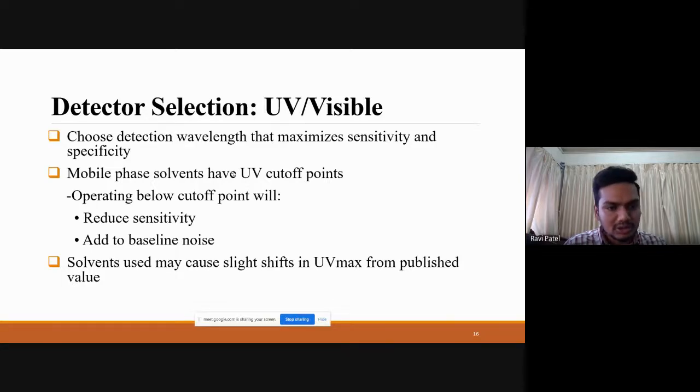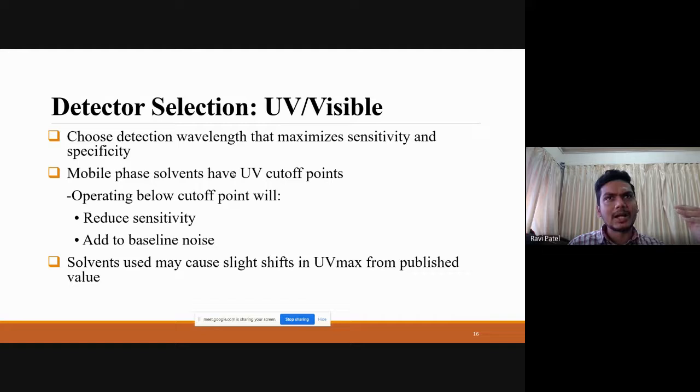Otherwise it reduces the sensitivity and adds to the baseline noise. If we are using a solvent or a buffer that has a higher UV cutoff, then what happens? You generally observe a noisy baseline.